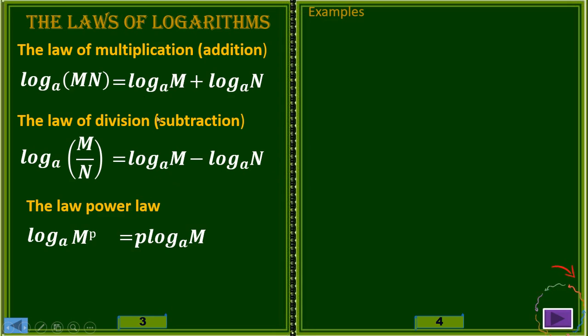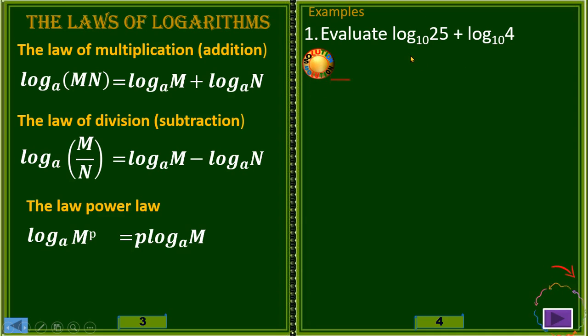Let's look at examples based on these 3 laws now. The first example: evaluate log 25 base 10 plus log 4 base 10. Looking at this question, we are going to solve it together. You can see this is exactly what we have on the right hand side of the law of multiplication and addition because of this addition.